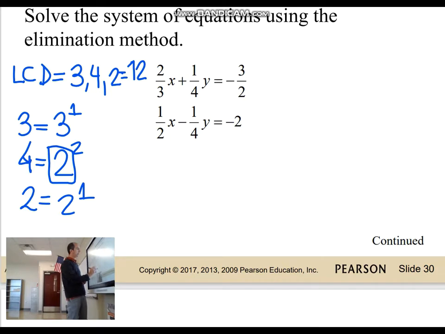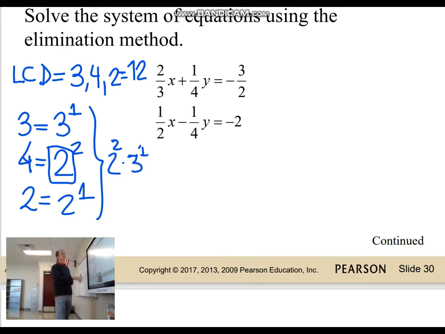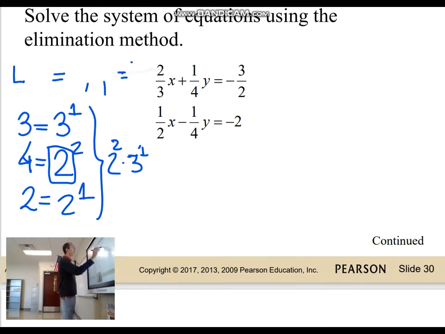So you have base 2 and base 3, and you take the greatest exponent, exponent 2 and exponent 1. So the lowest common denominator is going to be 2 exponent 2 times 3 exponent 1, 12. This is just a quick review on how to find the lowest common denominator.